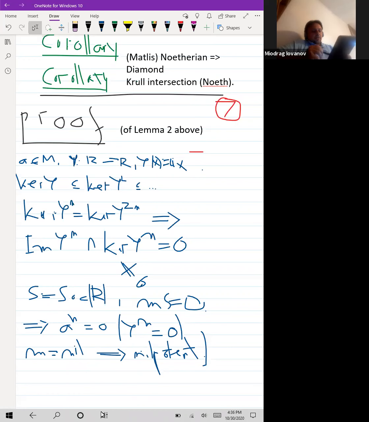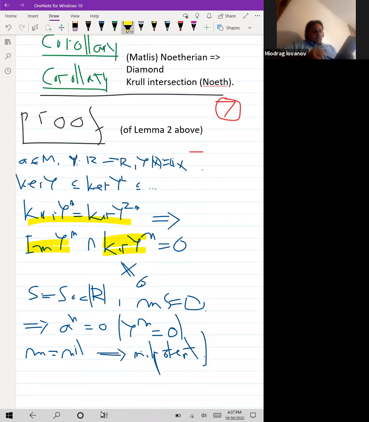So whenever the kernel of phi^n is equal to the kernel of phi^2n, then as in Fitting's lemma, the image of phi^n and the kernel of phi^n intersect in 0. That's just a standard module-theoretic thing to prove.